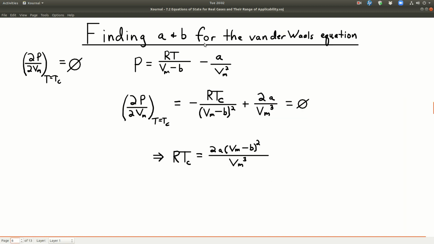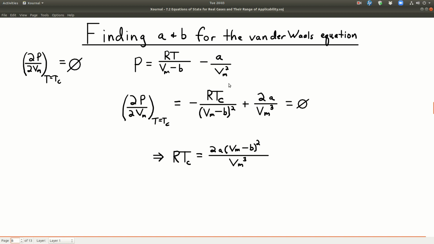All right, so what we're going to do now, this is pretty cool, is see how we can get expressions for the van der Waals coefficients A and B. It works exactly like this for the Redlich-Kwong equation. So that's our goal: we want to get A and B in terms of easily measurable values.